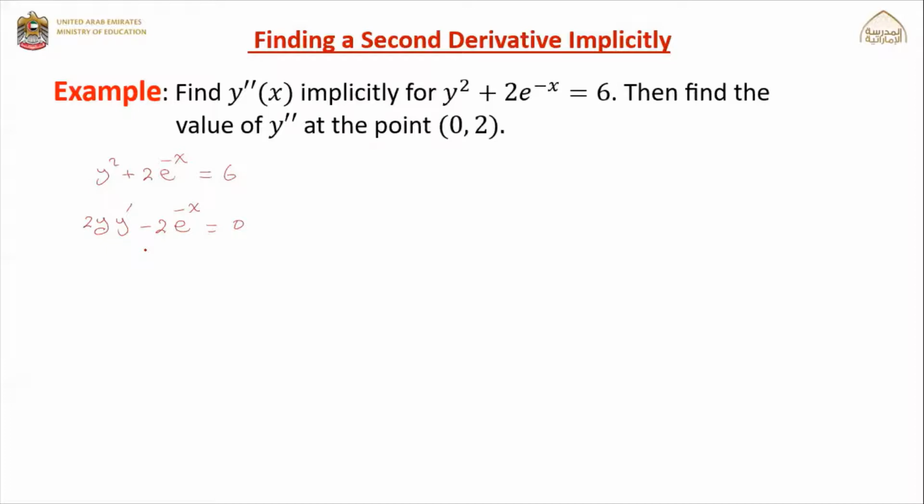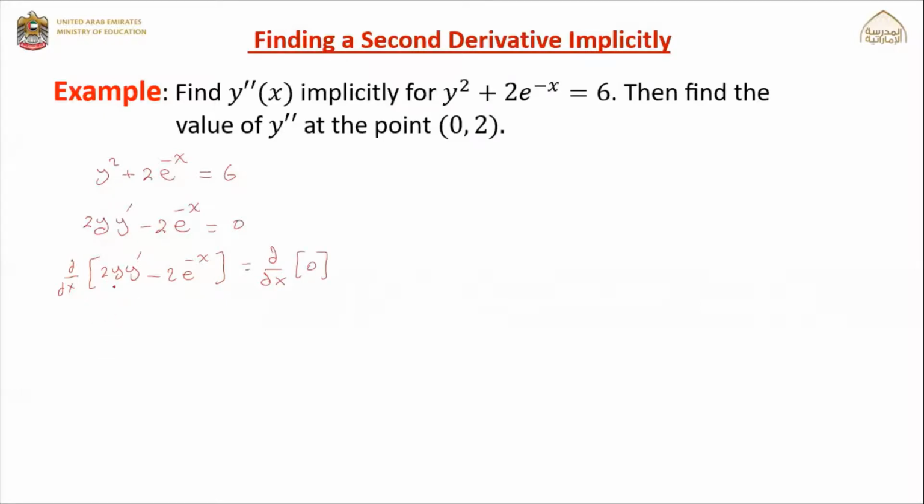Or you can start directly by taking the derivative of both sides from here and find y double prime. And I will use this way. So I will find d by dx of the left side, 2y y prime minus 2e to the power negative x, equal to the derivative of the right side, the derivative of 0.